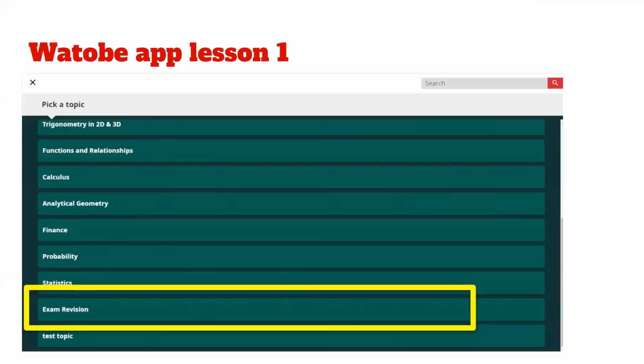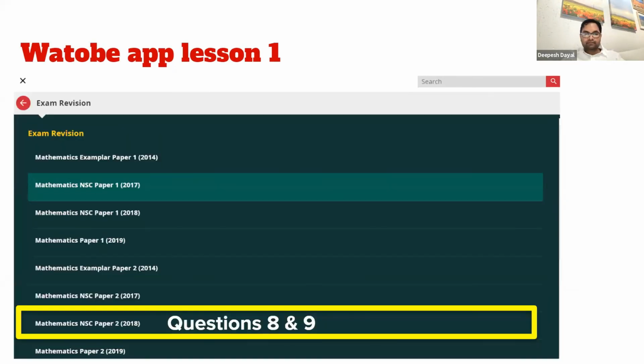Today's homework, we're going to be looking at exam revision. And then we're going to be going to the 2018 paper, and we're going to be looking at questions 8 and 9. Those are the two that cover the circle geometry section. So if you guys can have a look at those. And do not forget the 2017, that last question there, question 11.2.3.